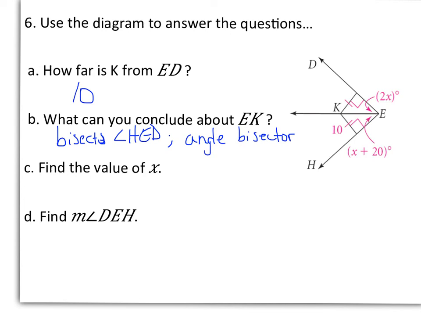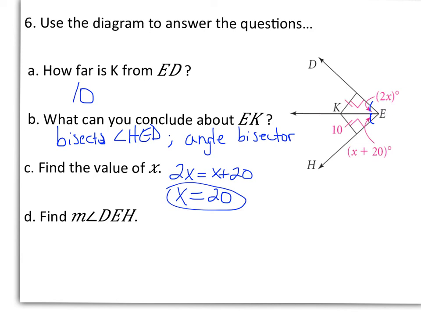C, find the value of x. If EK is an angle bisector, that makes my 2 angles congruent. So this angle and this angle are congruent. I can say that 2x equals x plus 20, subtract x, and x is 20. And then in D, find the measure of angle DEH. Angle DEH is the whole angle.